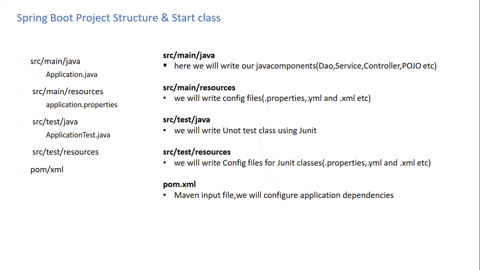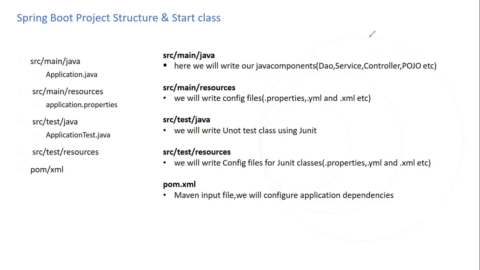Suppose you are developing a service layer, which contains the business logic, or a DAO layer, which communicates with the database and contains persistence logic. The service layer, controller layer, POJO classes, all the Java component classes must be placed under the src/main/java folder.